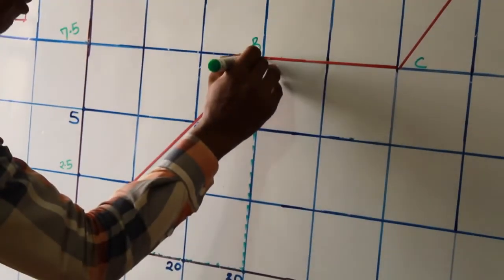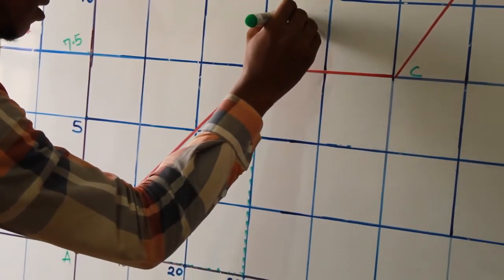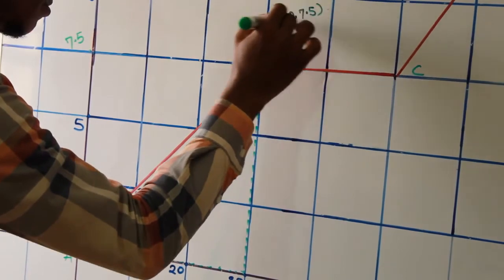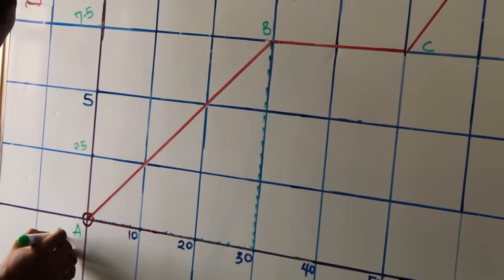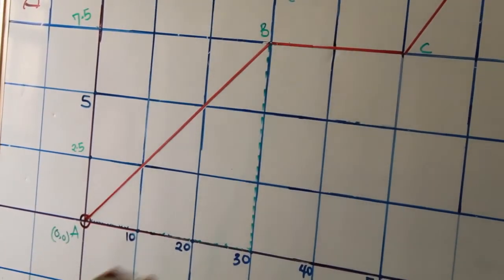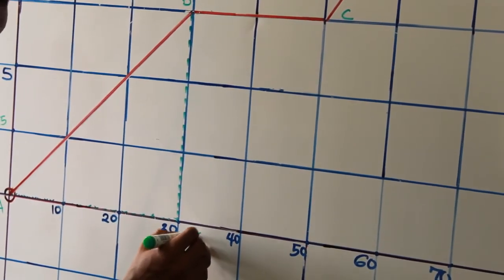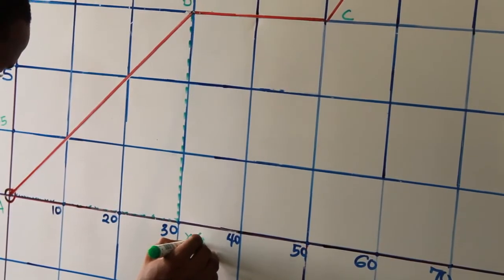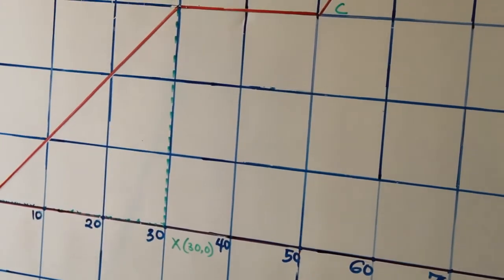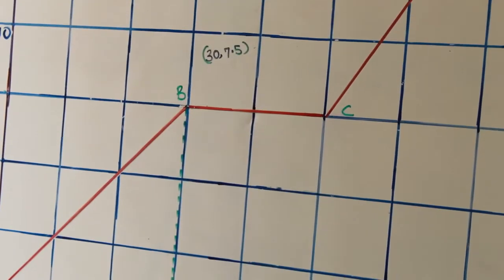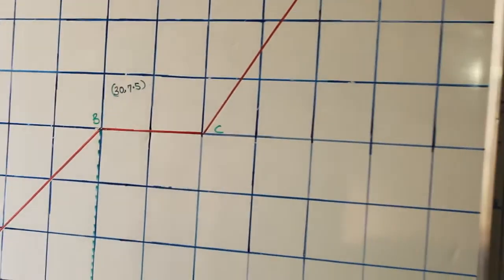This point, point B, is (30, 7.5). And point A is (0, 0). I'm going to name this point X, and point X is (30, 0). Now, with those 3 points, I'm going to find the gradient. Please stay with me. Let's get to the gradient.